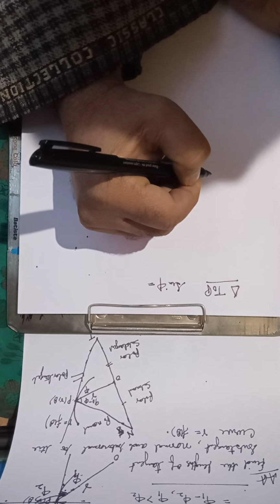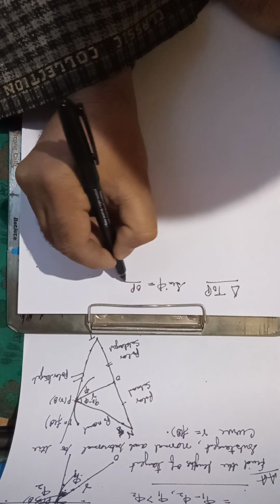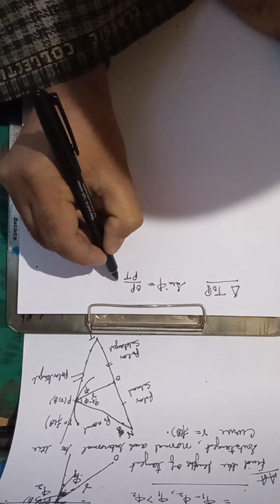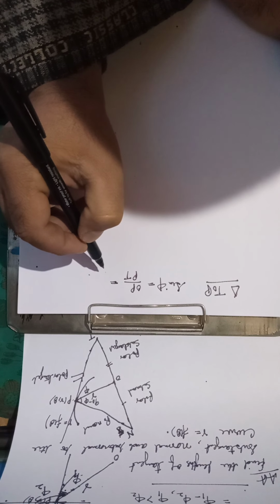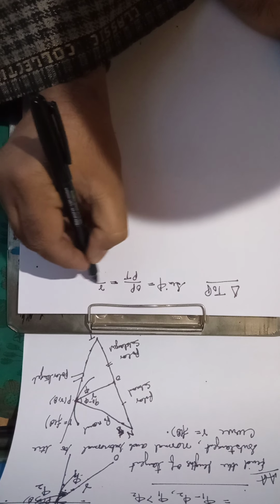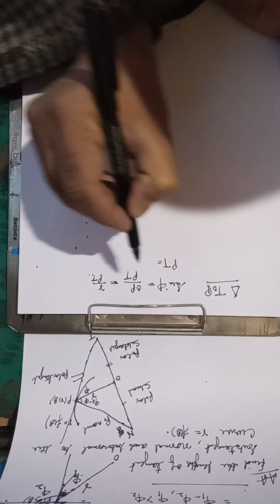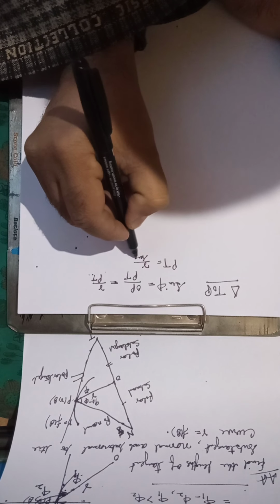This is perpendicular by hypotenuse, OP by PT or TP. But OP is r, so I have PT equal to r by sine phi.